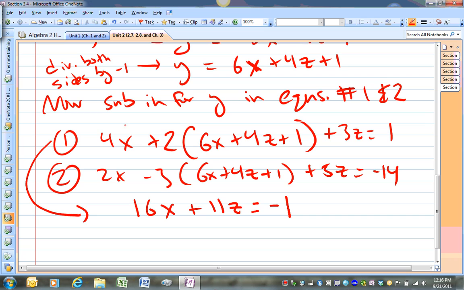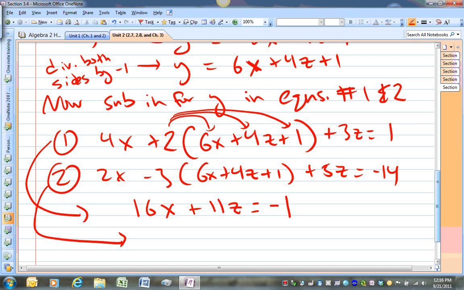Notice what I did here. I did 2 with that, 2 with that, and 2 with that. So I distributed. And of course 4x plus 12x will get me 16x. And 2 times 4z is 8z, 8z plus 3z is 11z. Also you have 2 on the left side, move it over, you get negative 1.